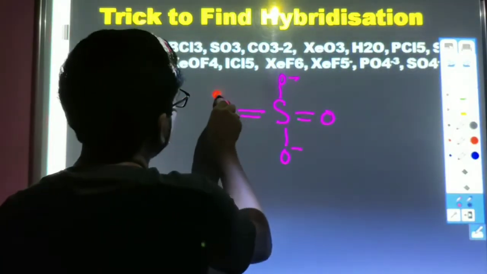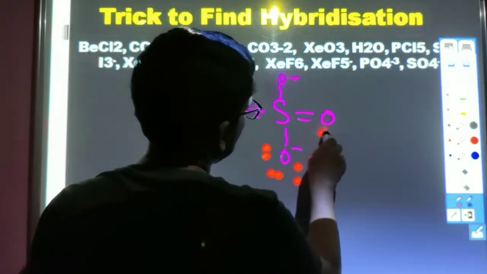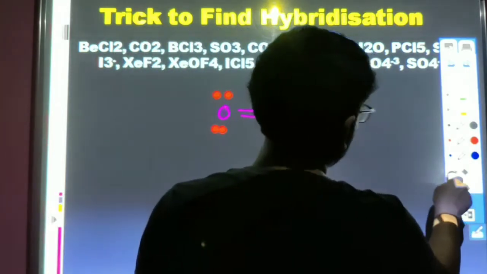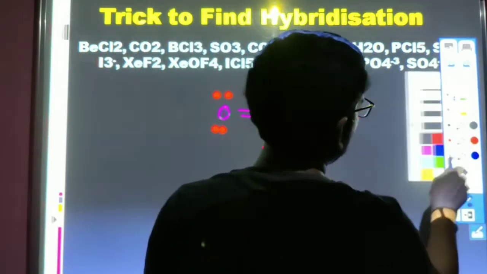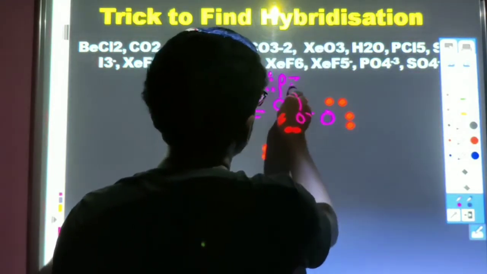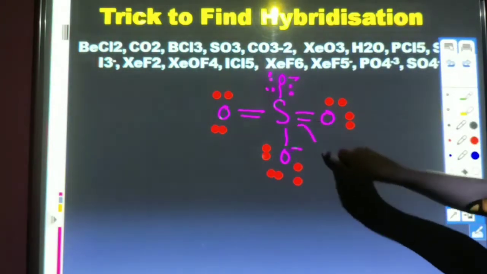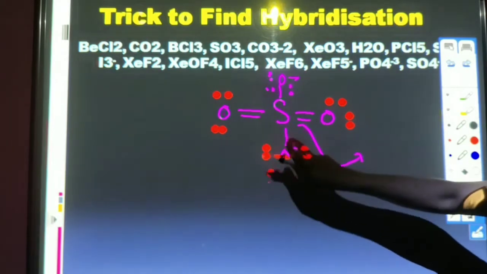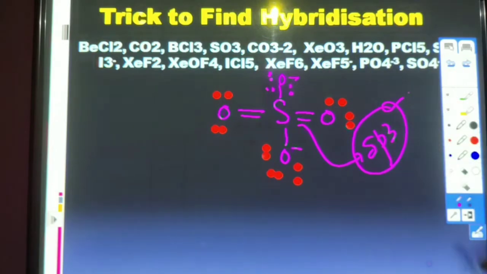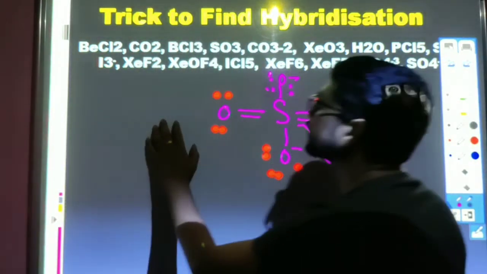We just put the lone pairs, 2 4 6. That's all done. So for hybridization here, you just count 1 2 3 4 sigma bonds. So hybridization will be sp3. Like this way you can do the hybridizations. That was method 1.